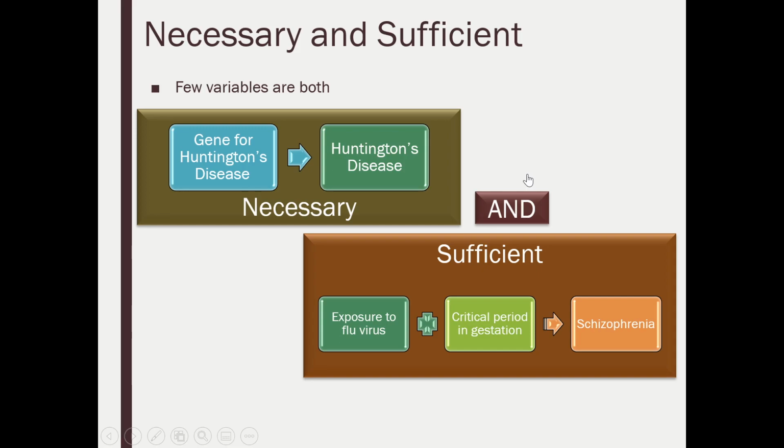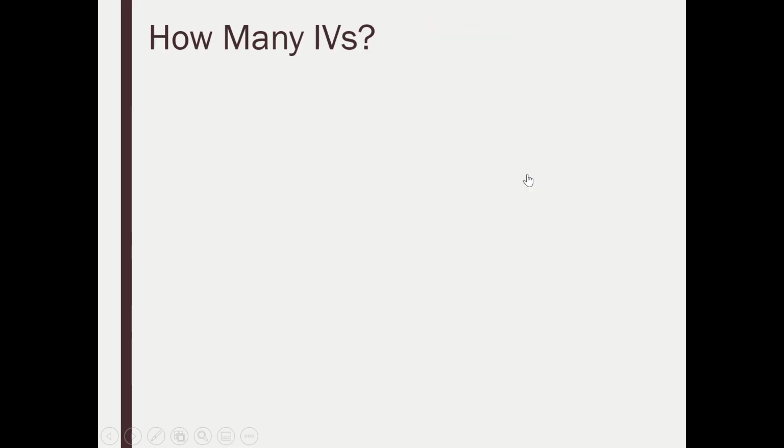So there are very few variables, particularly in psychology, that are both necessary and sufficient to cause an outcome. That's why factorial designs are so helpful to us, because we can start putting in more factors to determine which ones seem to at least be necessary. We may not know if they're sufficient, but we can at least say they're necessary to the outcome.